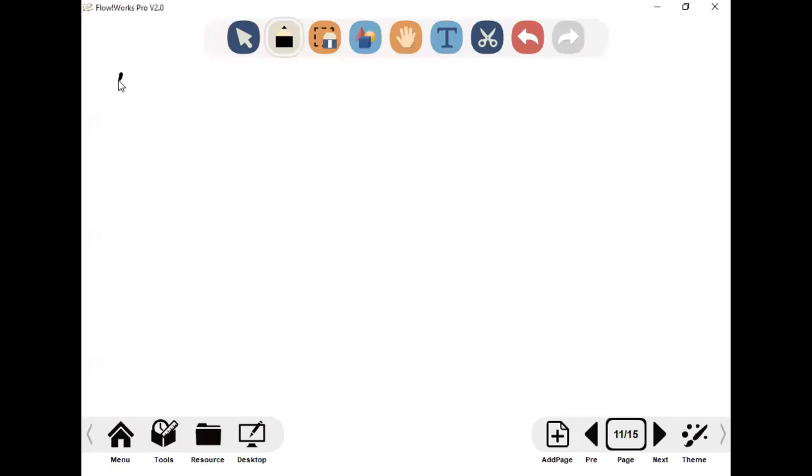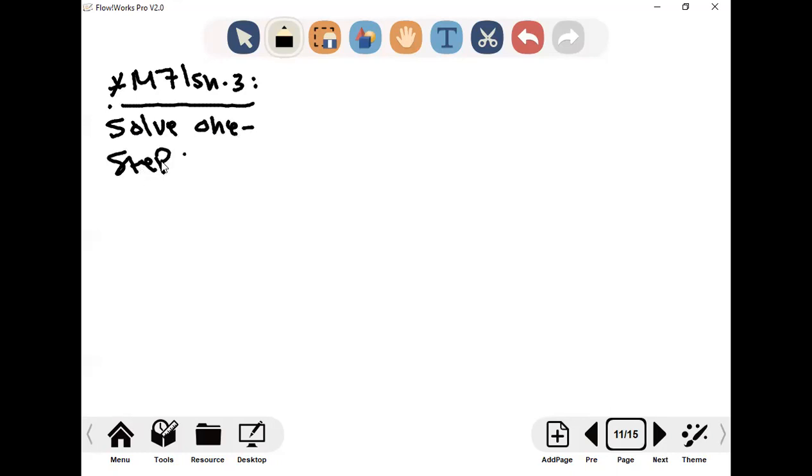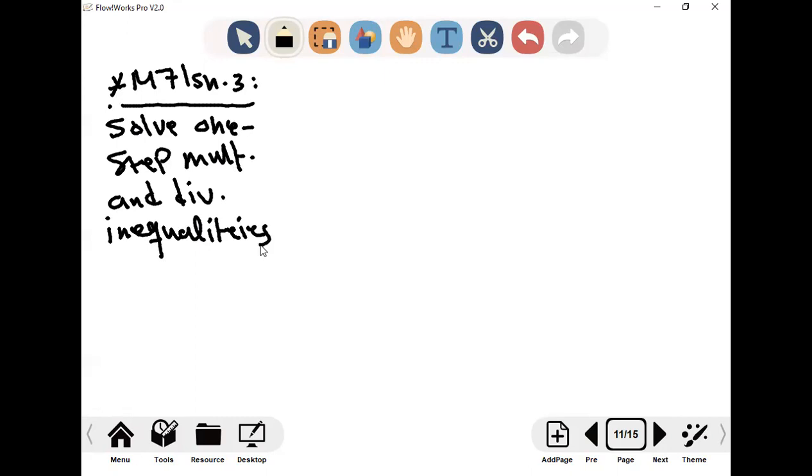Okay, so we are in module 7, lesson 3, right? Solve one step multiplication and division inequalities. And yesterday we focused on the coefficient to be always what?